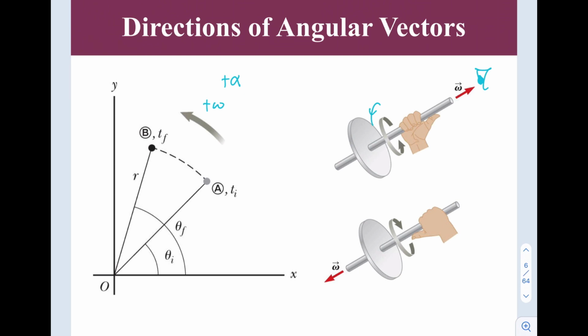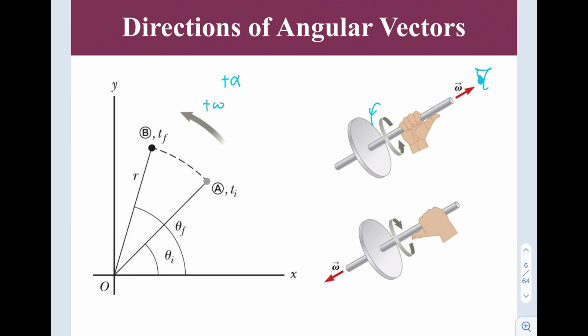So the omega can be determined by using the grab rule, where we are going to use our right hand rule. Place your 4 fingers along the rod or the axis of rotation, grab it, and your thumb will be pointing to the direction of your omega or alpha.